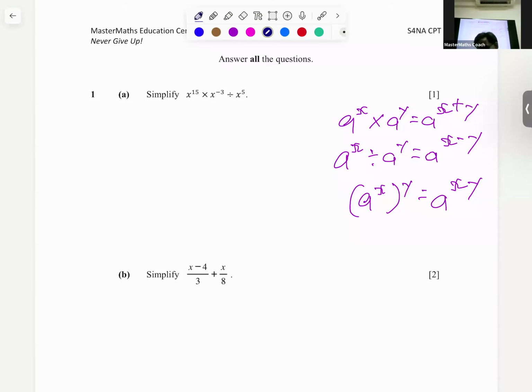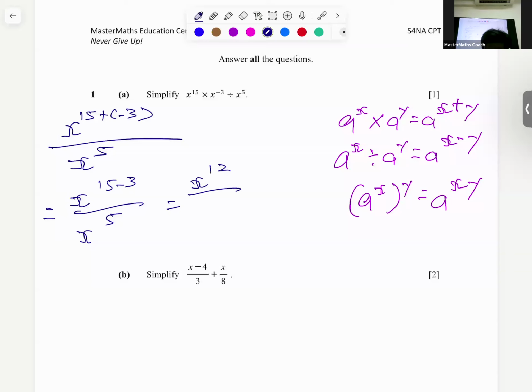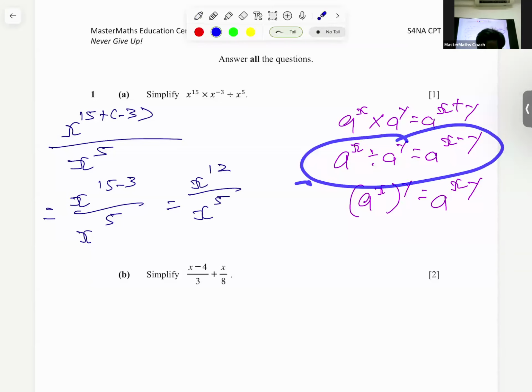So when you have x to the power of 15 plus minus 3, divide by x to the power of 5. This divide, I write it like this. Then this will be x to the power of 15 minus 3 over x to the power of 5, which is actually x to the power of 12 over x to the power of 5. Then I use this.